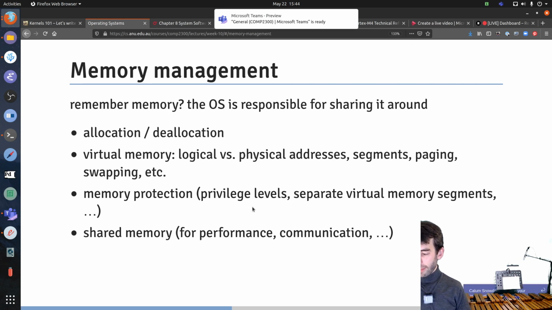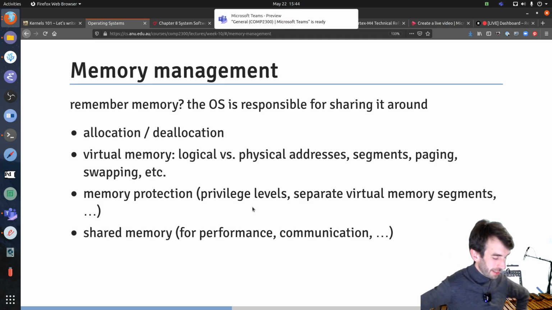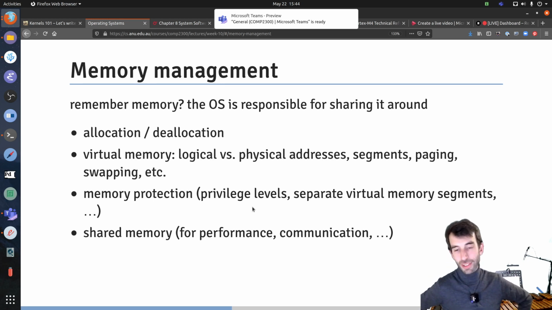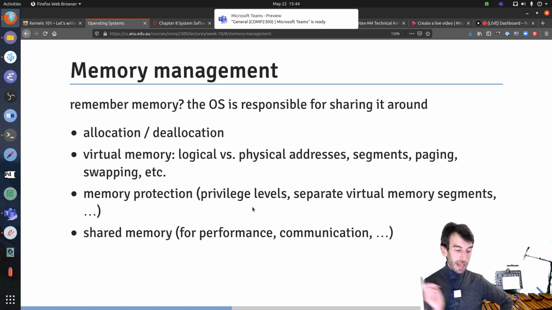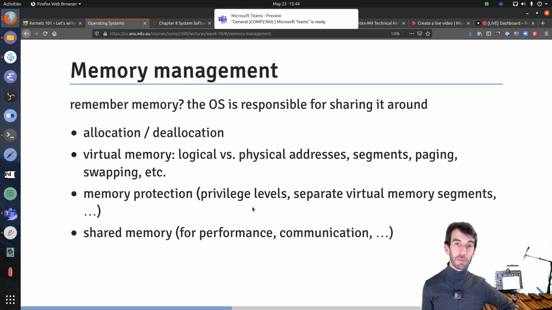Now, a question which you might start to think about is, well, if we've got a memory protection system, and that memory protection system is configurable, right? So you might be able to say, well, that bit of memory is read-only, that bit of memory is no access, that bit of memory is read and write for this process.